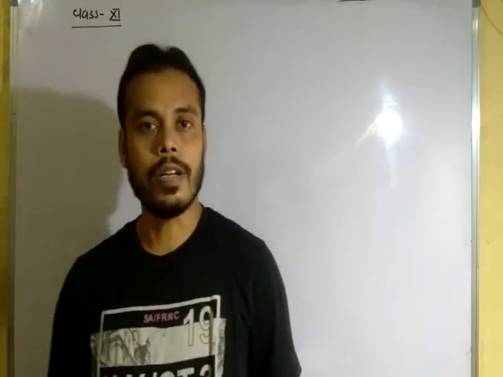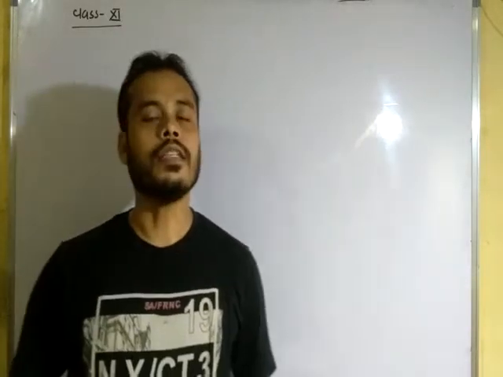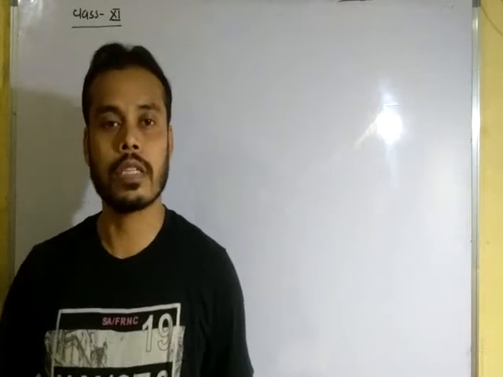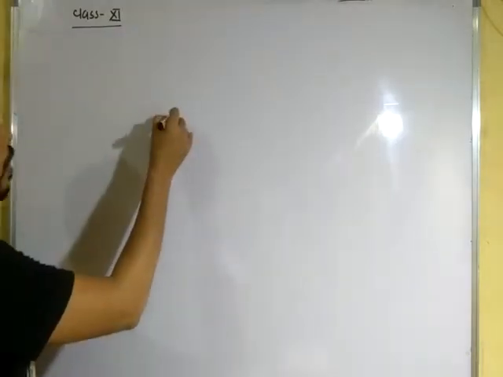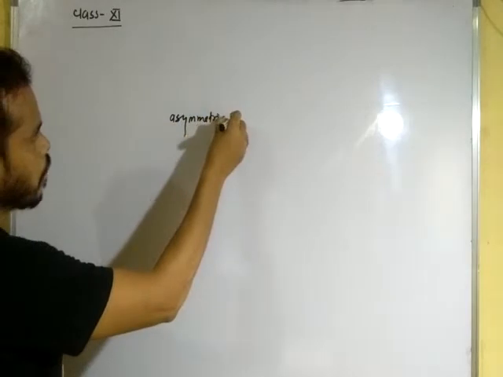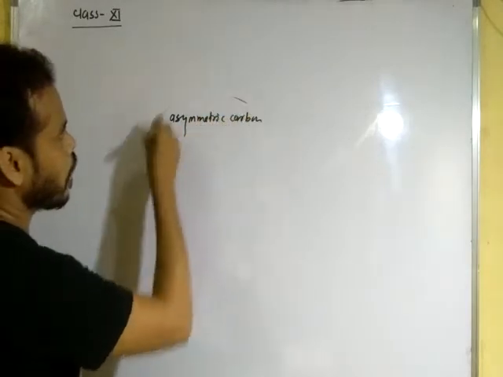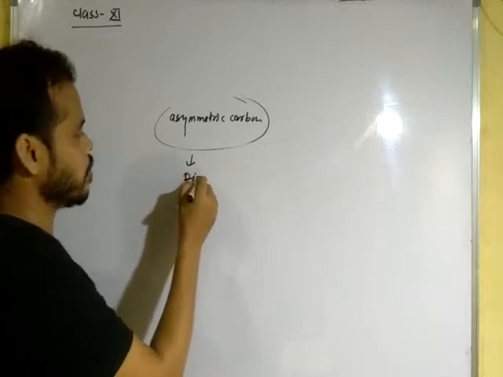Okay dear student, now we are going to talk again about the chiral carbon. What is a chiral carbon? A carbon whose four valencies are satisfied with different atoms or groups of atoms is called a chiral carbon or asymmetric carbon.